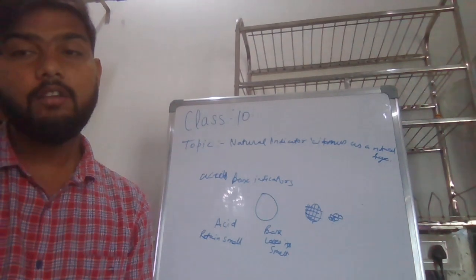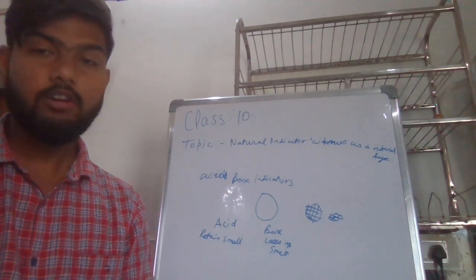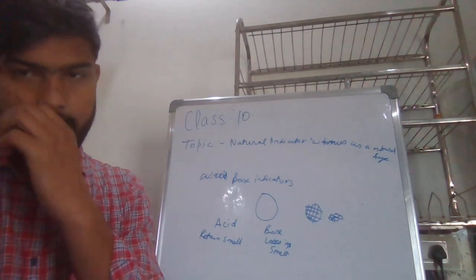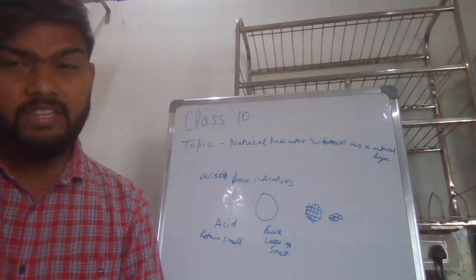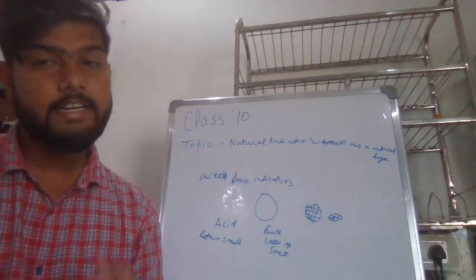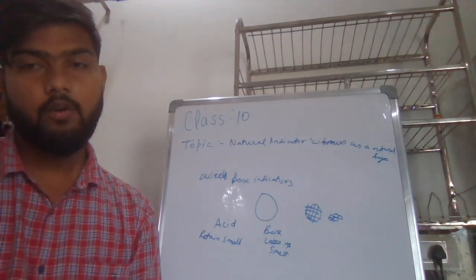Then we find that the smell of vanilla vanishes with a base, but its smell does not vanish with an acid. So here we use vanilla to smell, and we have found that its smell vanishes with a base but not with an acid. Okay, I hope everyone is clear.